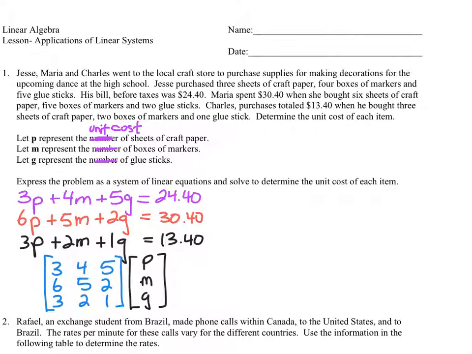And you can verify through the multiplication process. If I take this row, multiply it by that column, 3 would get multiplied by P, 4 by the M, 5 by the G, all added together. That would give us this. It should result in the total cost vector. That sounds fancy, total cost vector. All I did was take the name for what it was in common sense terms, and then throw the word vector on at the end.